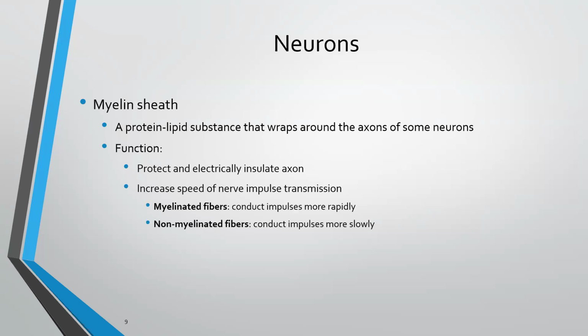Okay, so the myelin sheath isolates the axons and speeds up nerve impulses. Myelinated fibers transmit signals faster than unmyelinated fibers.